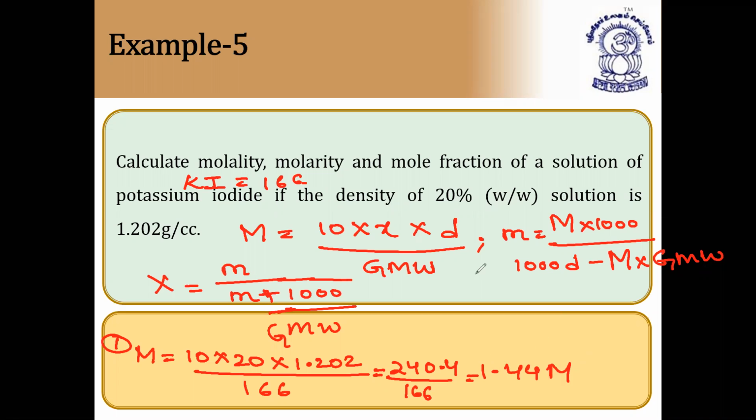Similarly, you can find mole fraction. So molality, small m, next: small m is equal to the second formula. Use this formula for finding small m, and then you can find the mole fraction of the solution. I hope this is clear. Now let us see the answers.